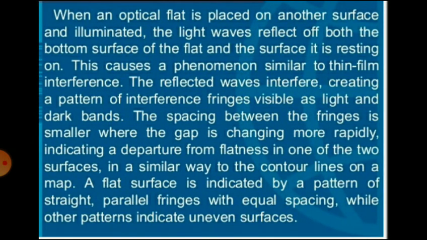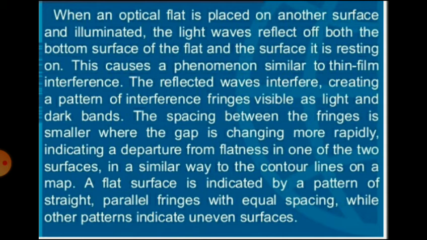When an optical flat is placed on another surface and illuminated by a light, the light waves reflect off both the bottom surface of the flat and the surface it is resting on. This causes a phenomenon similar to thin film interference. The reflected waves interfere, creating a pattern of interference fringes visible as light and dark bands.